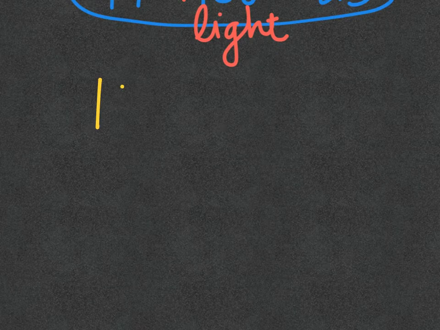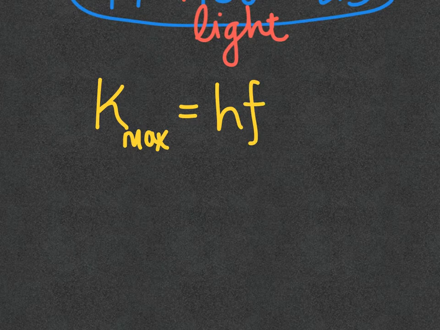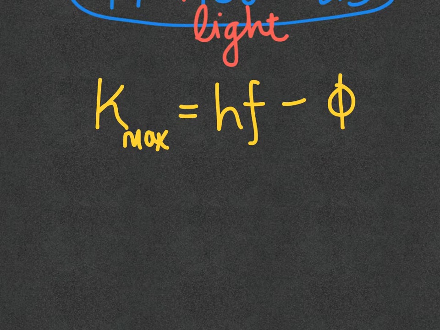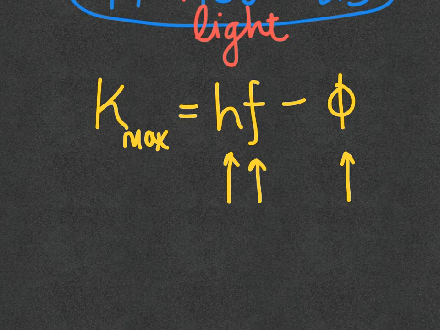The maximum kinetic energy of a photoelectron is equal to the amount of energy from the incident light minus the amount of energy it takes to break the electron free. This is a material-dependent variable, or constant, I should say. This is Planck's constant. This is the frequency of the incident light. And this is, of course, the maximum kinetic energy of the photoelectrons.